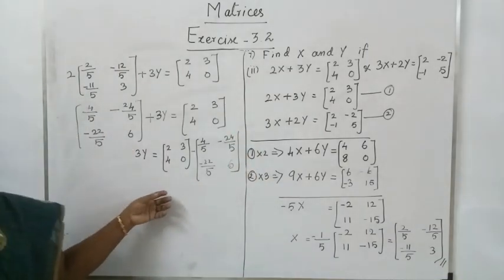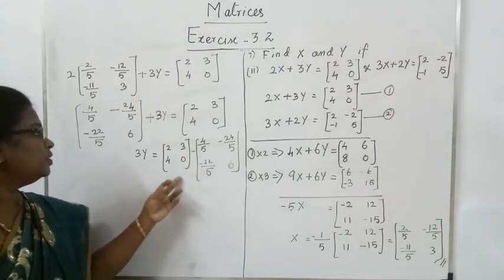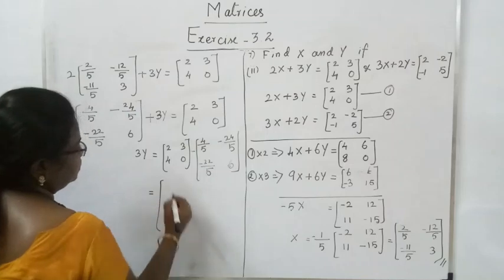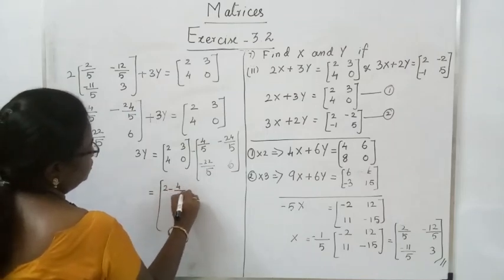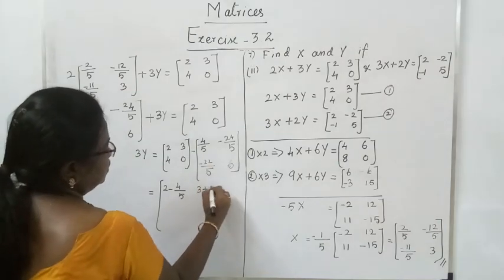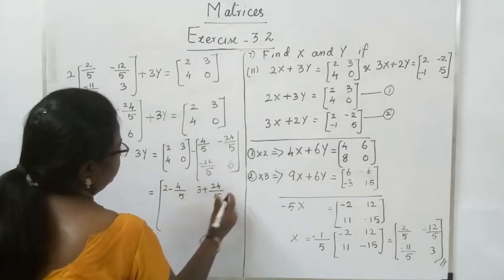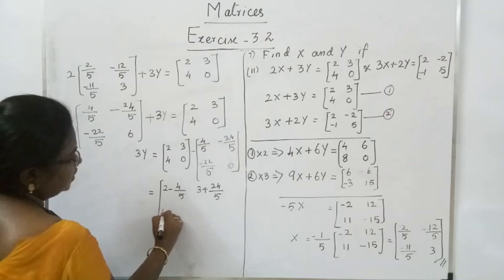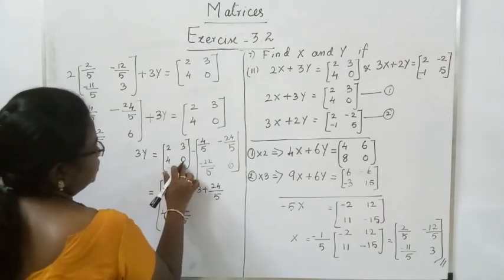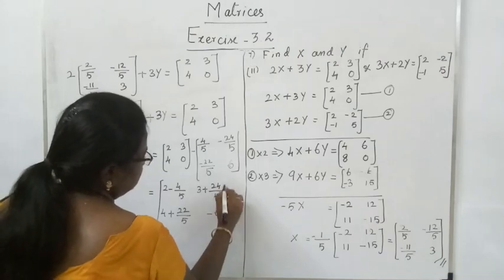Now this has to be subtracted. Normal subtraction, you can subtract these two: 2 minus 4 by 5, 3 minus of minus 24 by 5, and 4 minus of minus 22 by 5, and 0 minus 6 is minus 6.